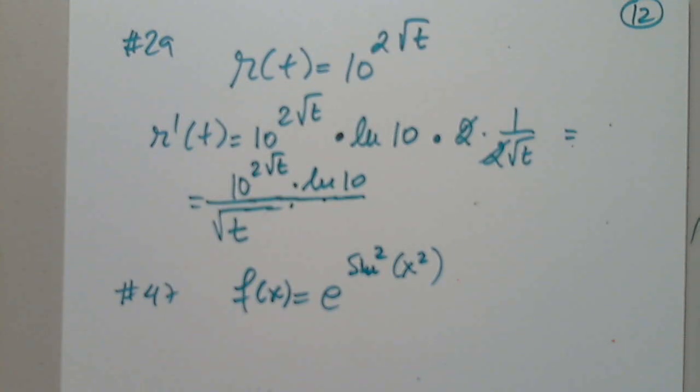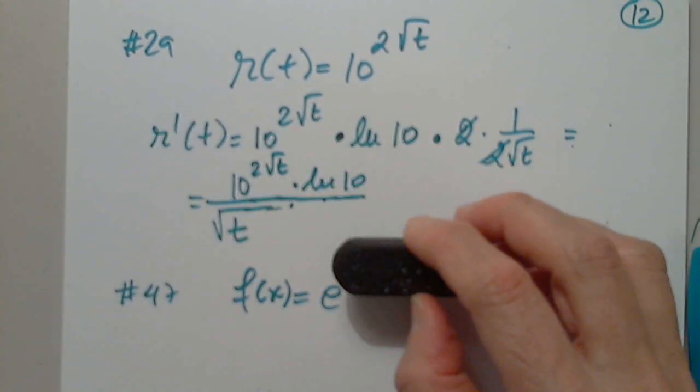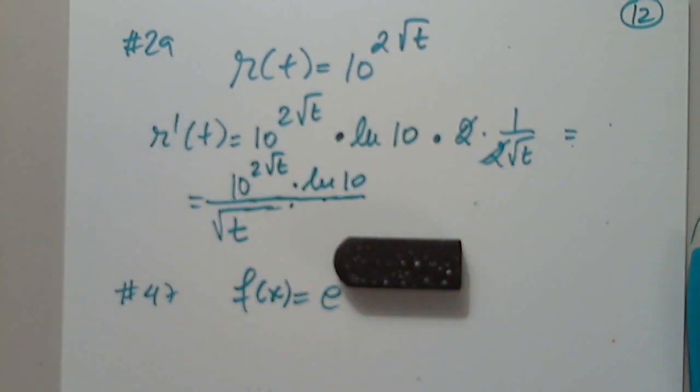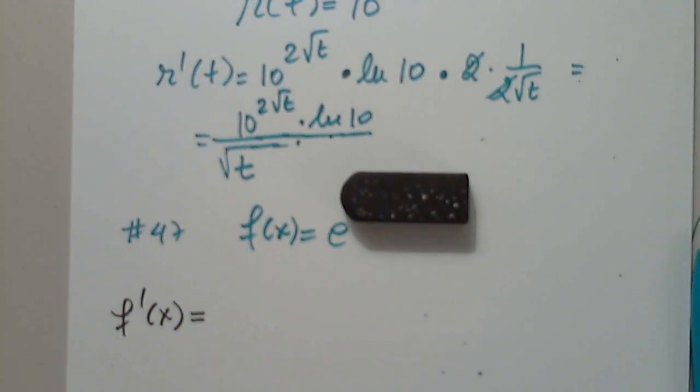So we are differentiating e to a function. E to a function prime. What do I have to write? Can anyone walk us through?